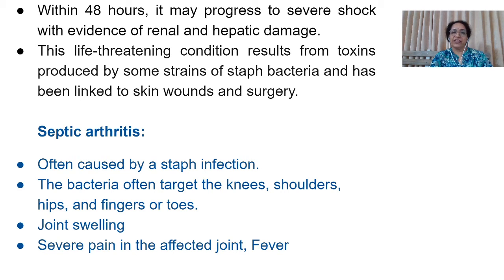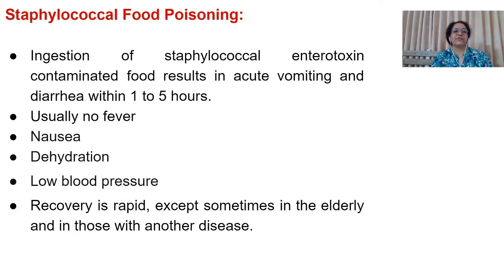There is swelling in joints, and it is called septic arthritis because of sepsis in the joints of the patient. There is severe pain in the affected joints, as well as a febrile illness, that is, high-grade fever, observed in the patient suffering from septic arthritis by Staphylococcus aureus.